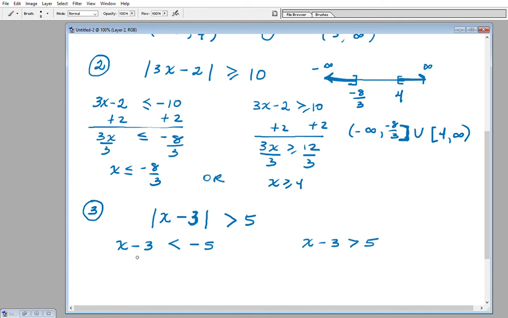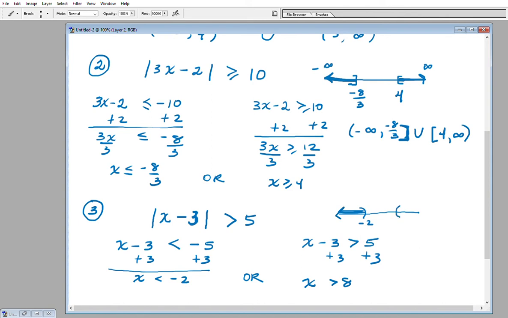And then we just solve this. So it means x less than minus 2 or x is greater than 8. So it looks like this. This is the left piece, and this is the right piece.